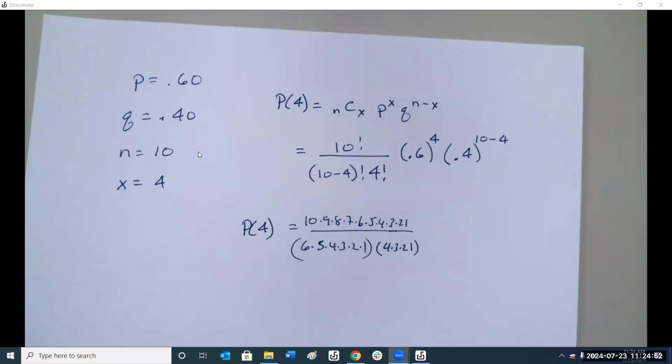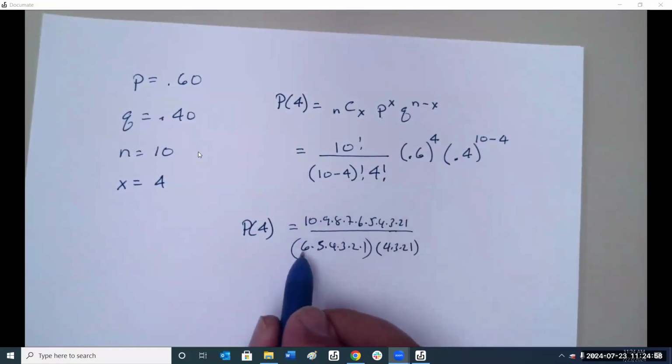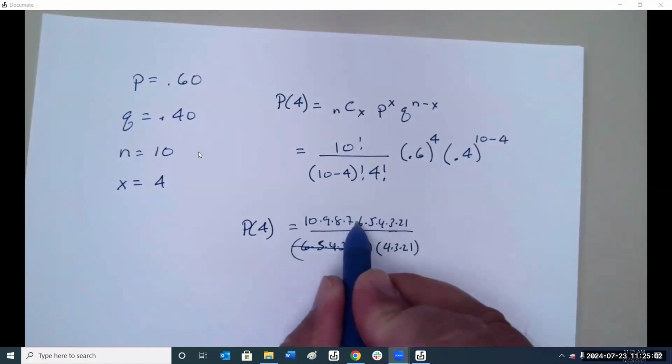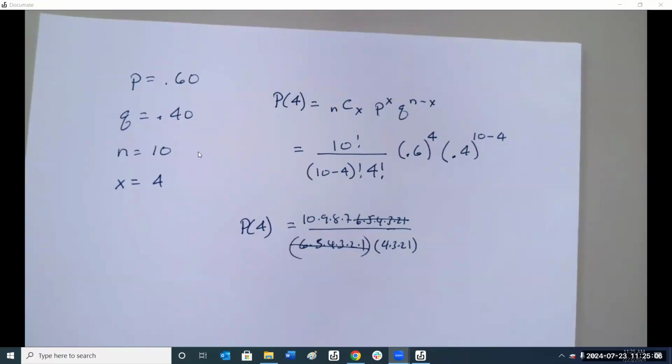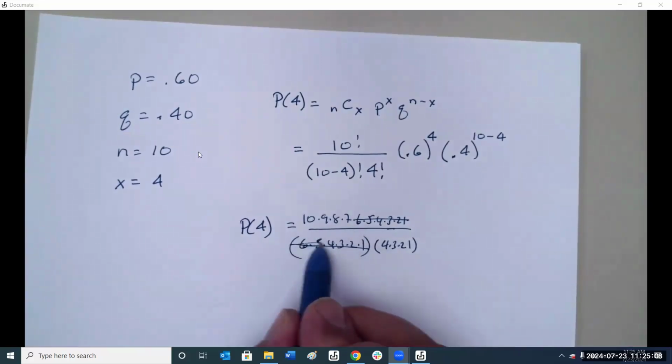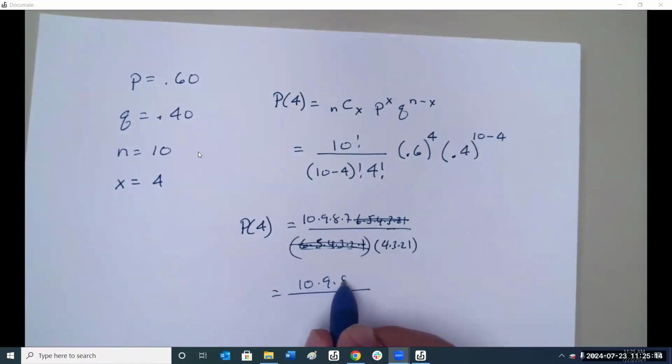It's not as hard as it sounds, because once you look at this, 10 minus 4 is 6 factorial, so we can cancel 6 down to 1 from top and bottom. All we have left on top is 10 times 9 times 8 times 7.